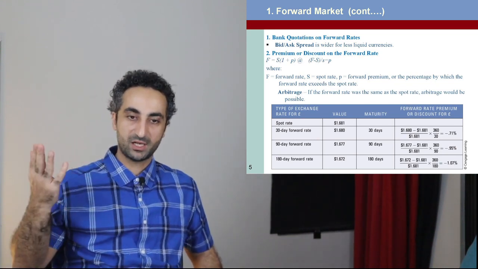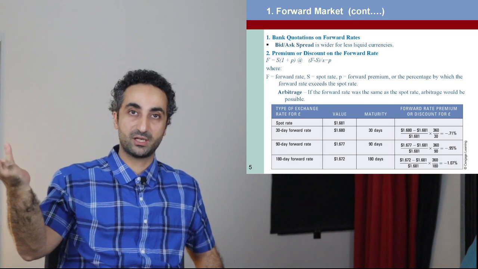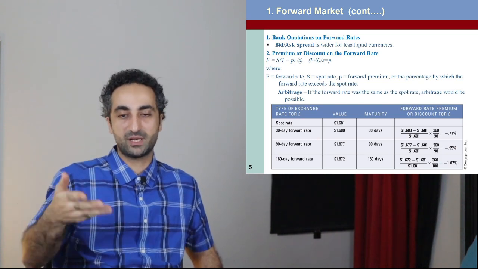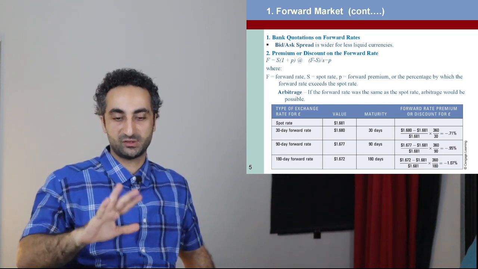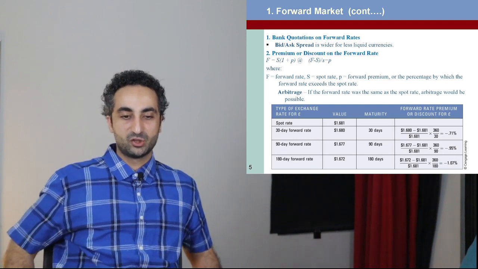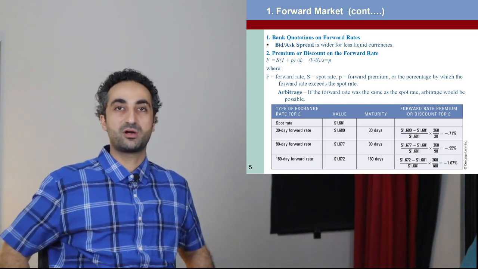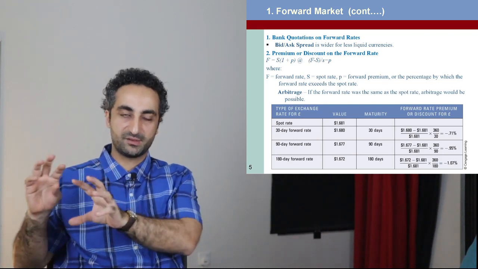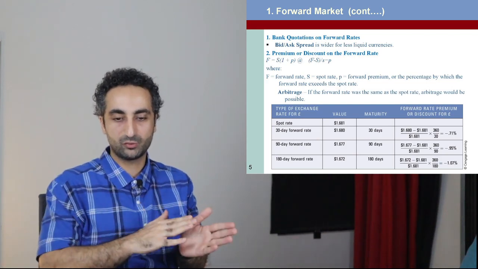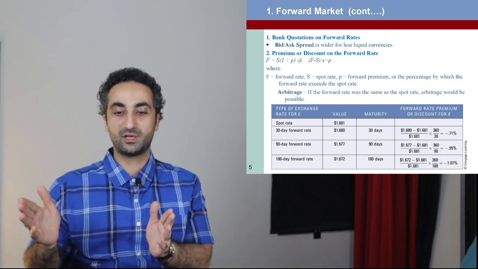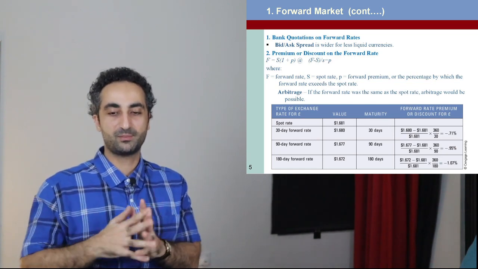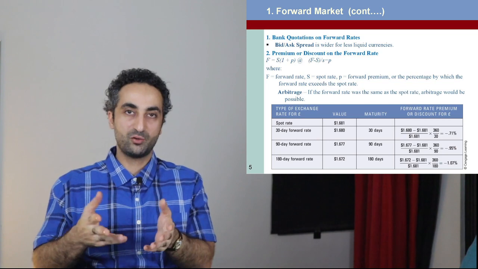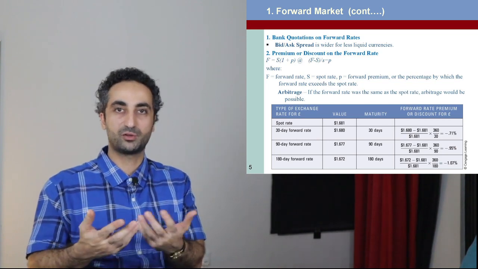So the forward rate can exceed the spot rate or be lower based on what's written in the contract. So when do we have an arbitrage? We hear this arbitrage when the price is not the same. Okay, so if the forward rate was the same as the spot rate, arbitrage would not be possible here. So will you benefit from this forward contract or not?